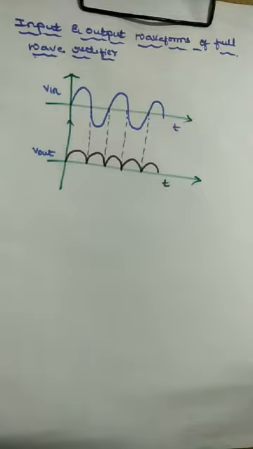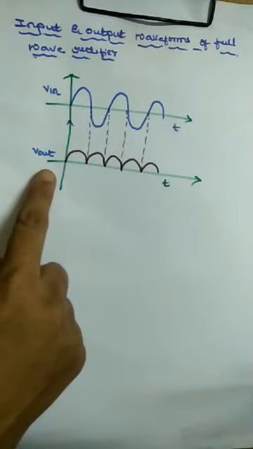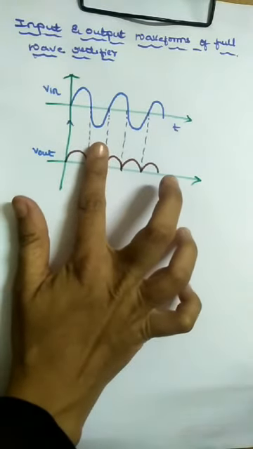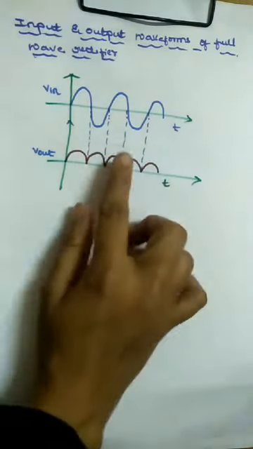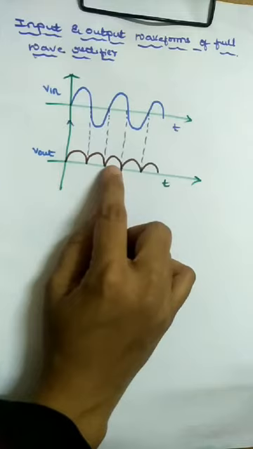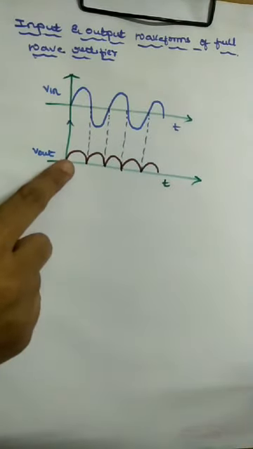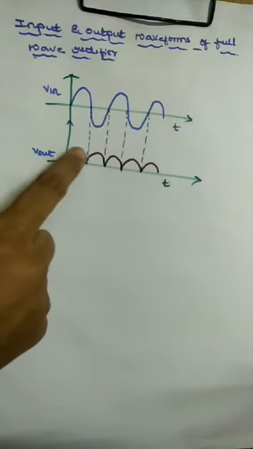As usual, the input is alternating current, a sinusoidal wave. The difference is, if we observe the half wave, only the first half cycle conducts current, the second does not, so there is a gap. Similarly, the third is again forward biased and conducts, and again there is a gap. In the output waveform of the full wave rectifier, in the positive half cycle A is positive and current conducts.